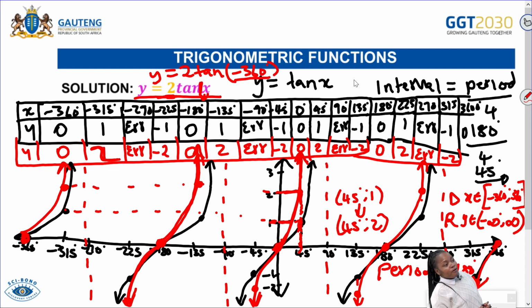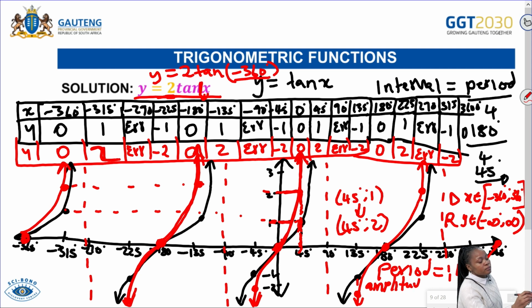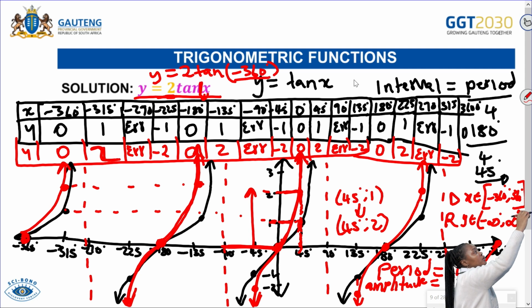Okay, and then if you move to your amplitude, are we going to say your amplitude is 2? No, we are not going to say your amplitude is 2. Why? Because remember, the amplitude is the distance between the resting point up until the end point. When you have your graph, of course, it's like this, right?